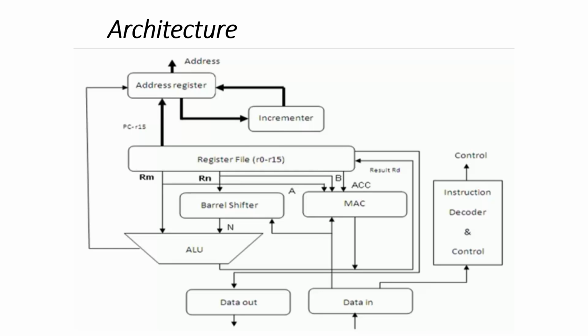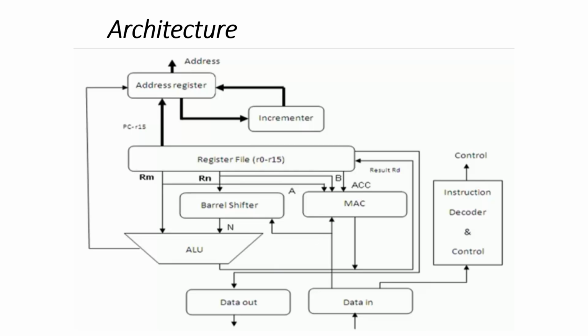Now let's discuss the architecture, or we can say the core data flow model of ARM processor. The architecture is not only characterized by its data path, but it also depends on its control path. The data path is organized in such a way that the operands are not directly fetched from the memory. It is based upon the RISC-based architecture, so the operands are fetched from the registers, but not from the memory.